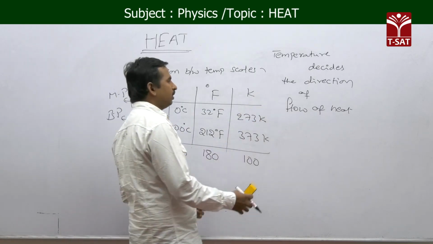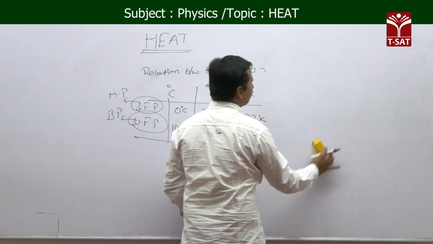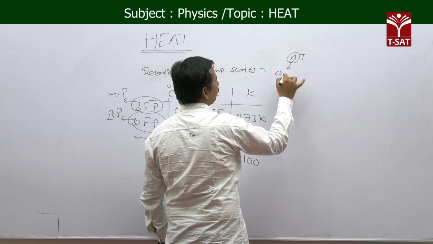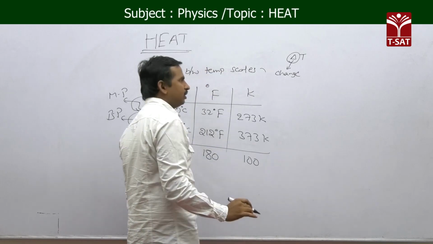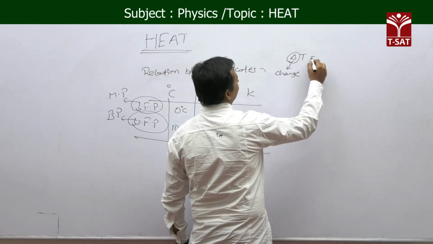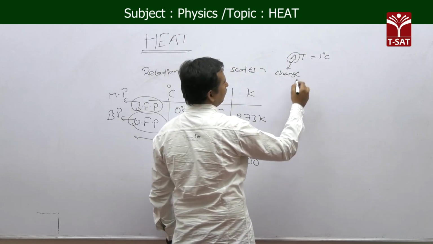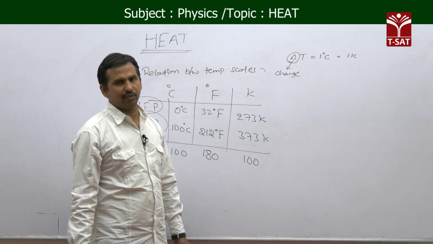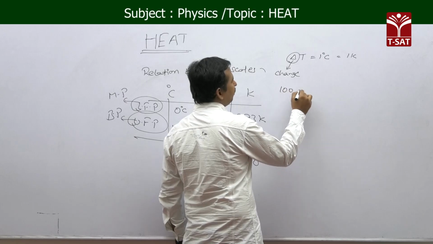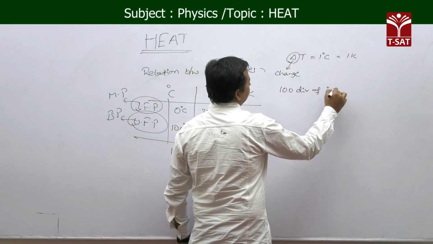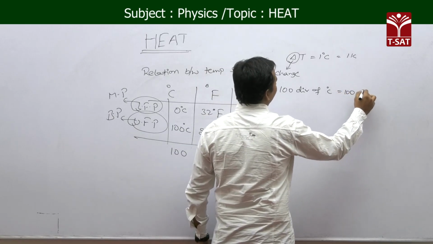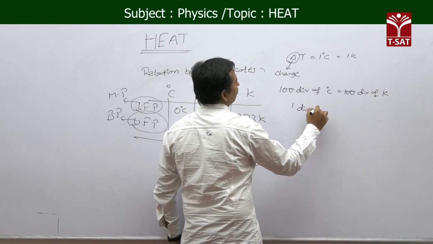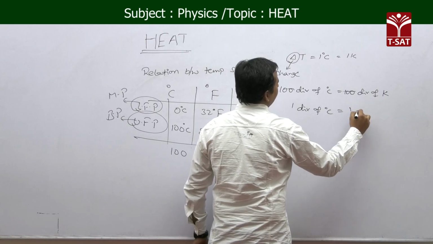So, very important one. If there is a change in temperature, delta T, where delta means change and T means temperature, and delta T is 1 degree Celsius, then it is also equal to 1 Kelvin. 1 degree Celsius equals 1 Kelvin, because 100 divisions of Celsius equal 100 divisions of Kelvin, so 1 division of Celsius becomes 1 division of Kelvin.